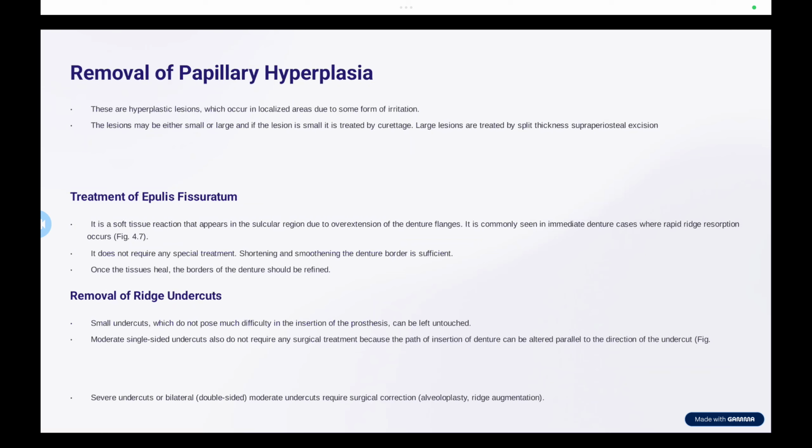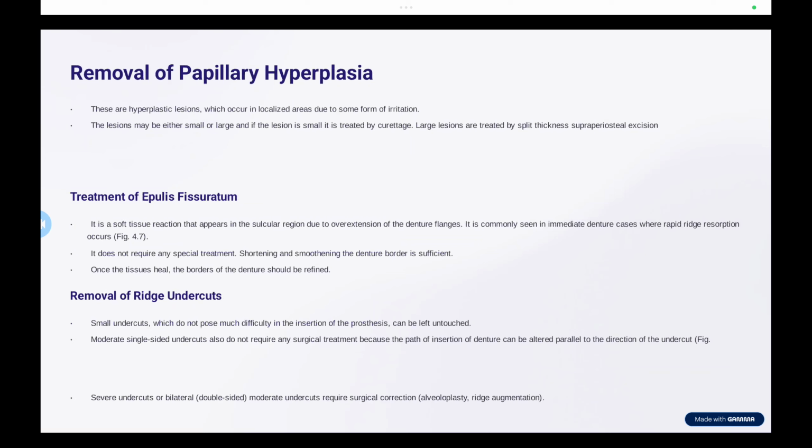So, Epilis fistulatum appears in the sulcular region as the denture given to the patient is overextended in the vestibular areas, as the denture has overextended flanges. It is mainly seen in cases in which we give the patient an immediate or short term denture, as in that time ridge resorption occurs fast and the overextended dentures are formed.